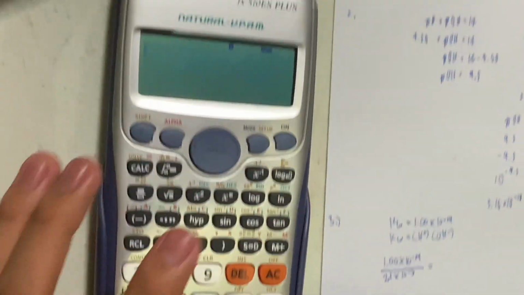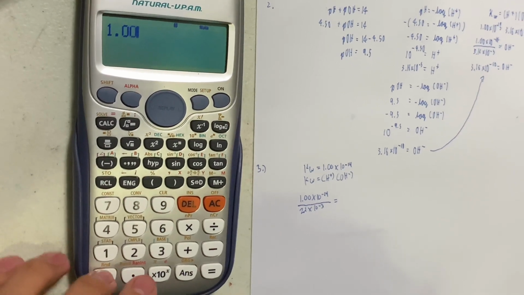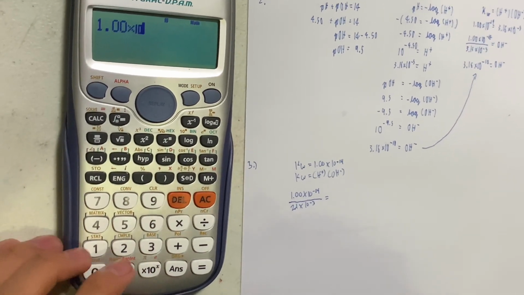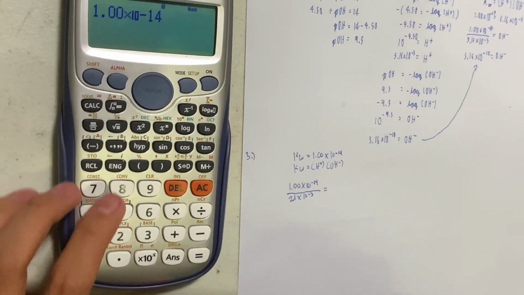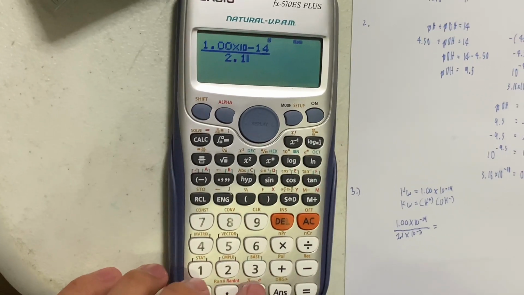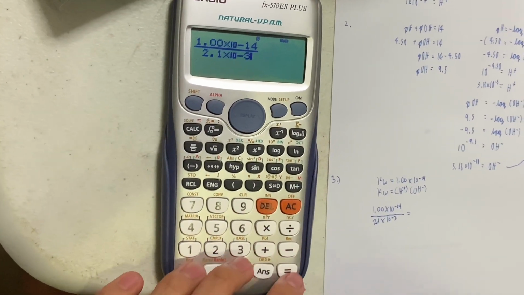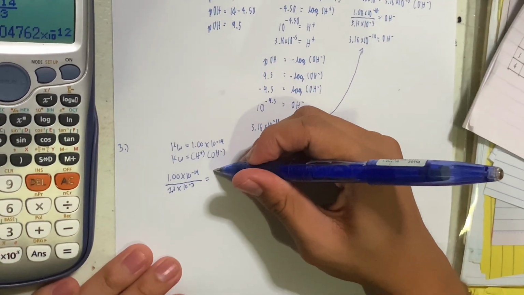If we input that in a calculator, 1.00 times 10 to the power of negative 14 divided by 2.1 times 10 to the power of negative 3, we're going to have 4.76 with it.